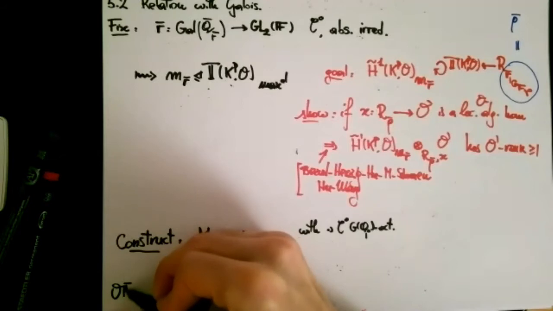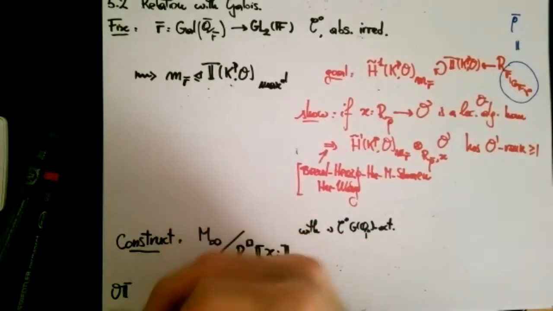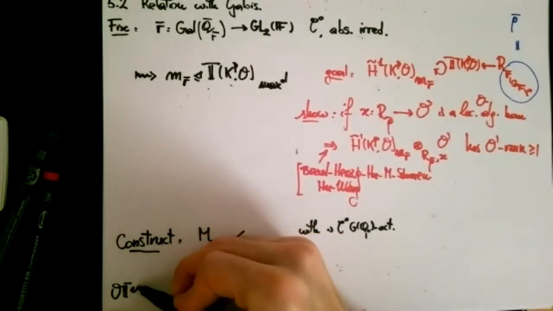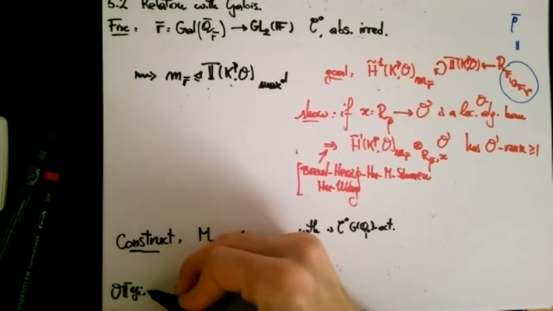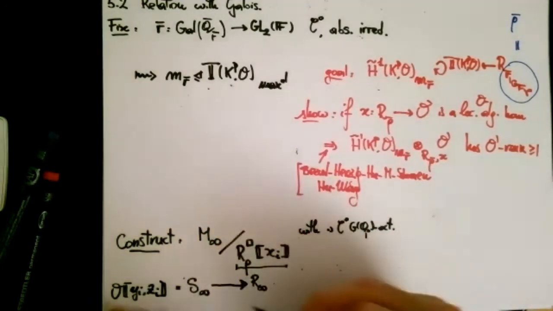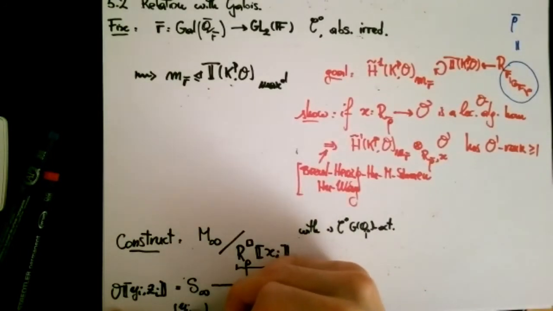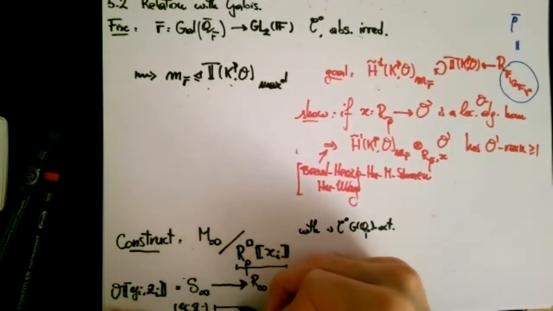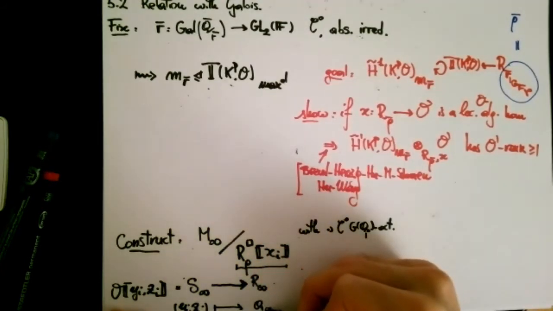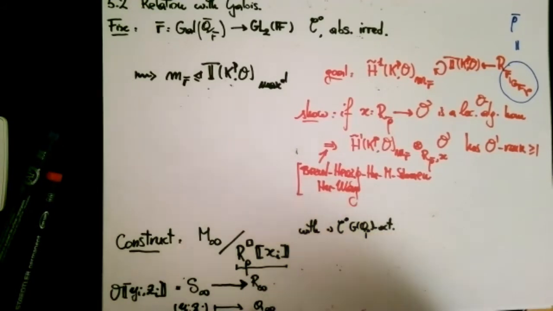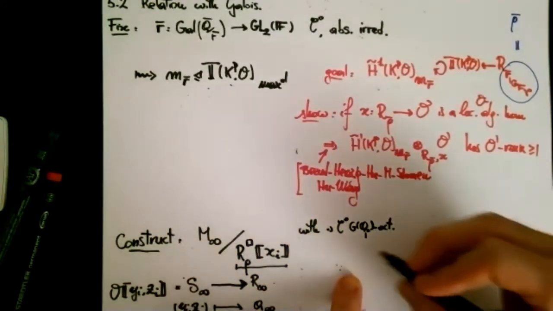Here we have a certain number of variables, usually called Yi, Zi. If I consider the augmentation ideal, this gives me a certain ideal, which is called a infinity.